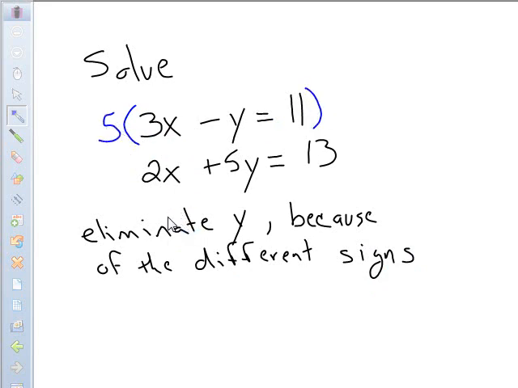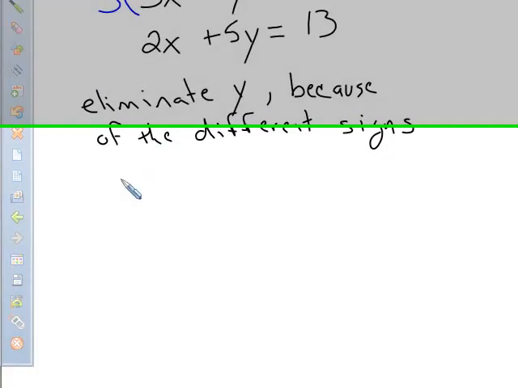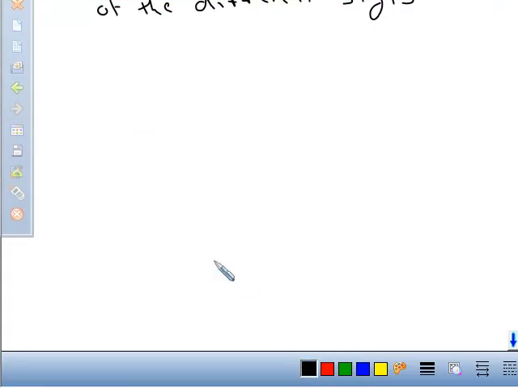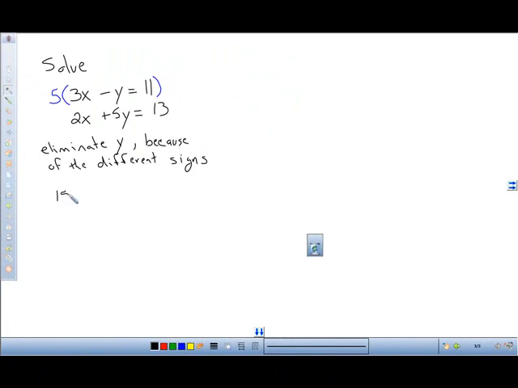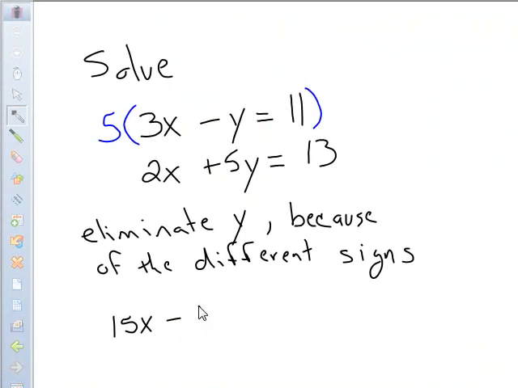Now, do you need to have them to be different signs? Which they are, but they need to be the same number. And I'm going to have to multiply that top equation by 5.